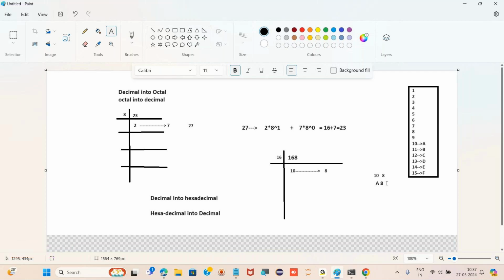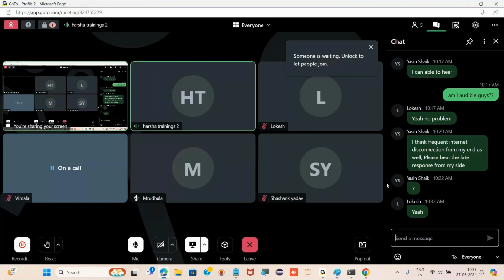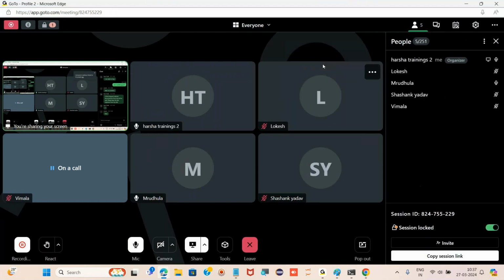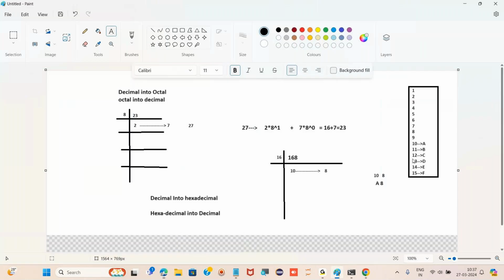Getting my point? Lokesh. Fine. Now we have the conversion of decimal into hexadecimal.